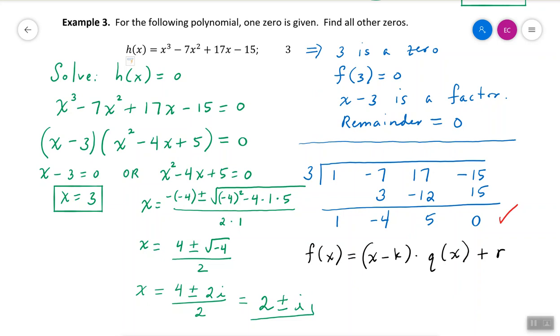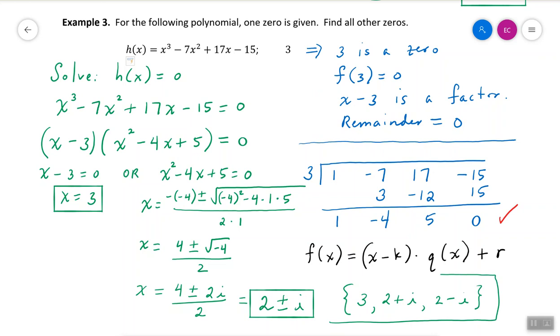And so we could just go ahead and box that up. Or maybe it would be nice to write out all three zeros together. The first 0 was 3, the next 0 is 2 plus i, and the last 0 is 2 minus i. And so we can write our solutions in set notation, and we're done.